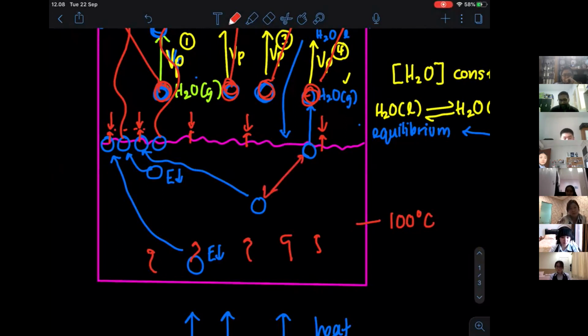They still need to break these forces. Once they break free, nothing holds them down anymore and they can simply go. That's why, when it reaches 100 degrees Celsius, it still takes time for all of them to completely disappear.